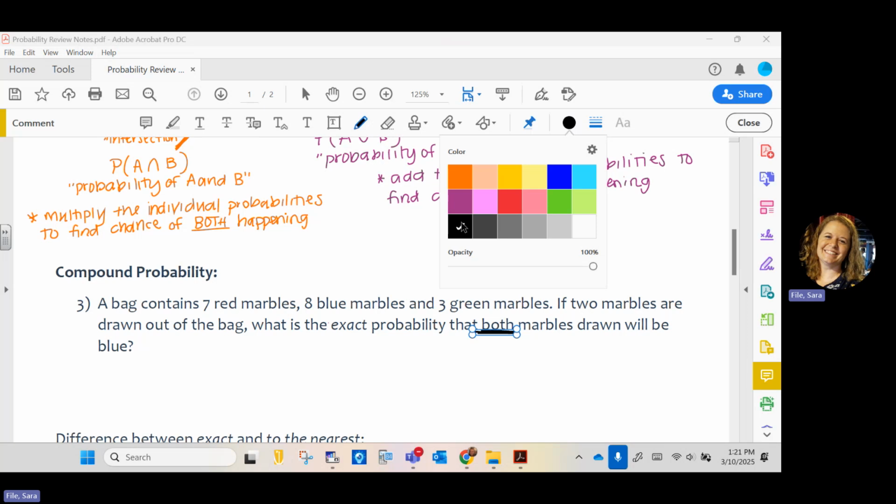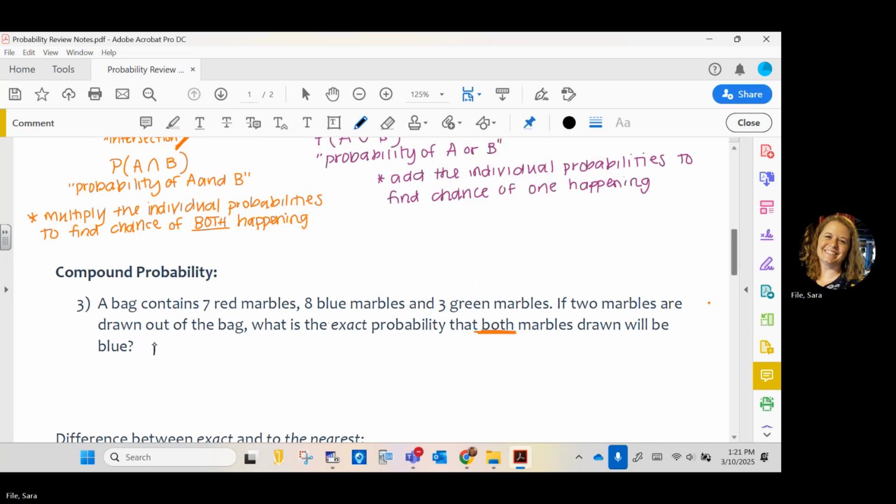Okay, so first I'm going to list my marbles and get a total. There are 7 red, 8 blue, 3 green, for how many total marbles? 18. So there's 18 total marbles in this bag.